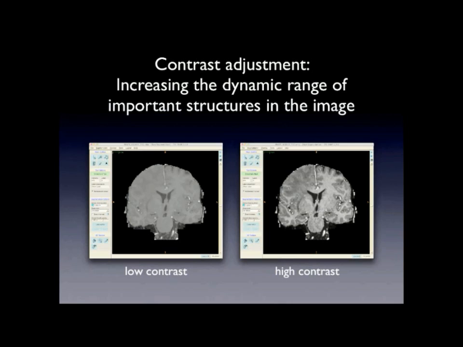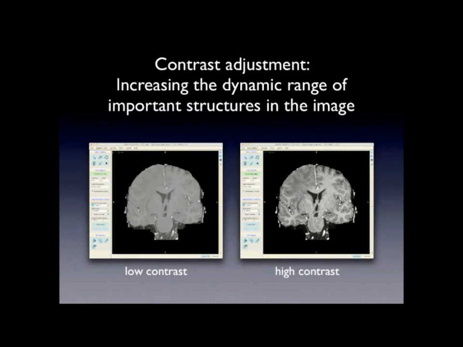This is a bit of an extreme example on the left, but I can have an image where I really can't tell between different tissue types, and that's because the screen can only show 256 shades of gray. Our eyes can't even tell that much apart. I think it's something like 60 shades of gray that our eyes can tell. So if the range of intensities that are of interest in the image doesn't map to the entire dynamic range of our eye, we're not going to be able to perceive contrast between structures.